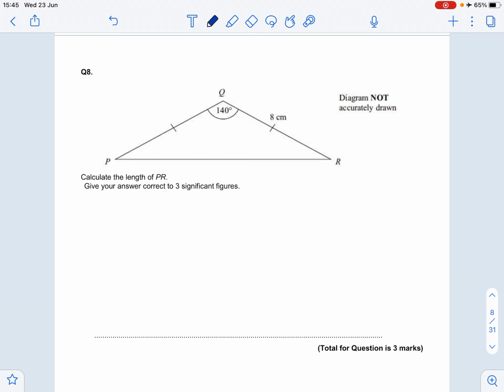Question 8. Calculate the length of PR. So I'm interested in this length. What kind of triangle do I have here? It is an isosceles triangle because it has two equal sides. So this side must also be 8 centimeters.